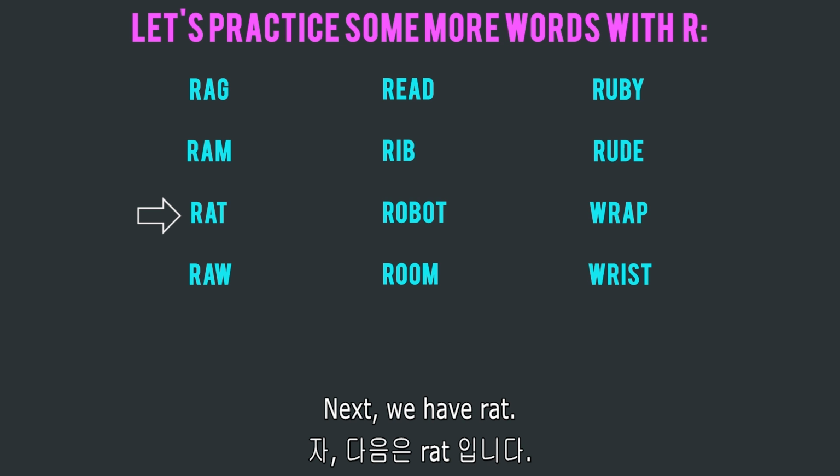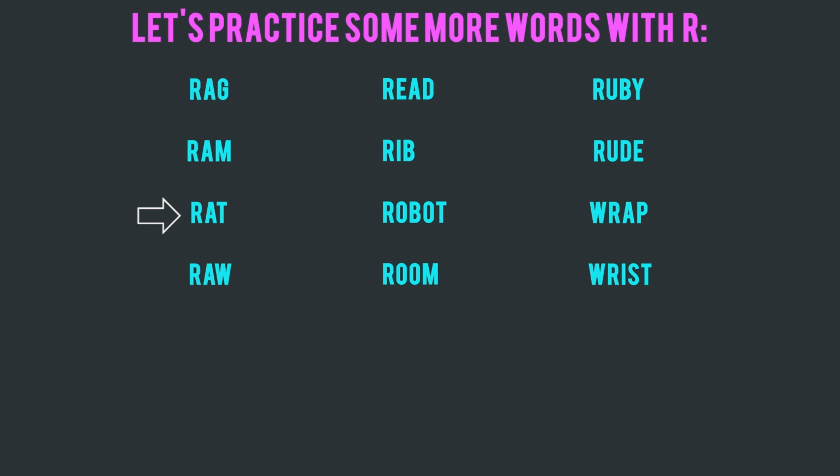Next, we have rat. Rat. Raw. Raw. Read. Read. Rib. Rib. Robot. Robot.